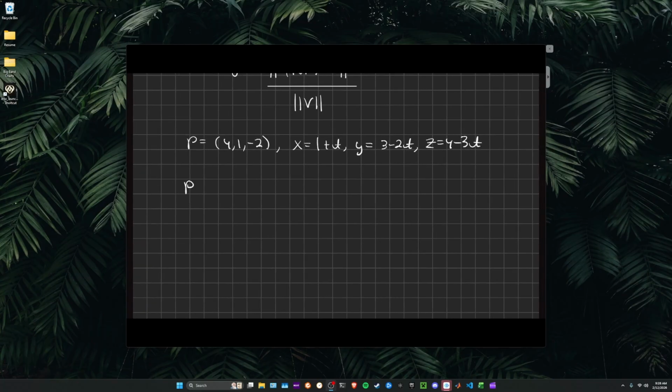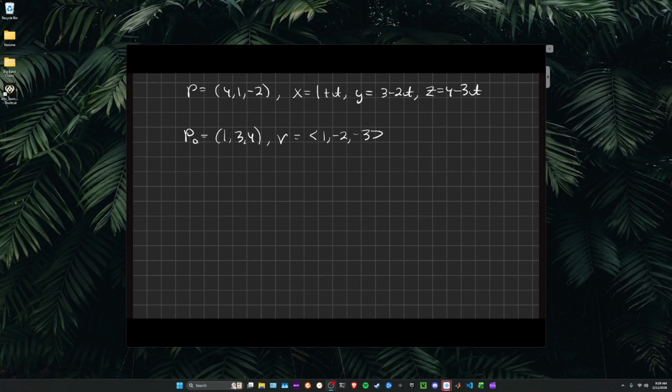And we take P naught to be (1, 3, 4). That's the initial point. And this vector V to be (1, -2, -3).